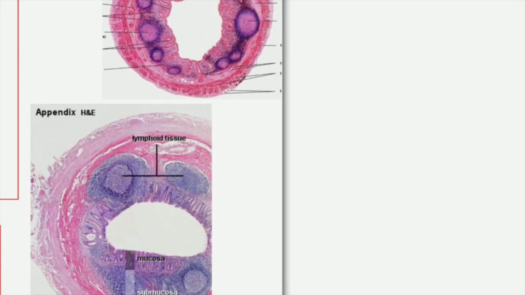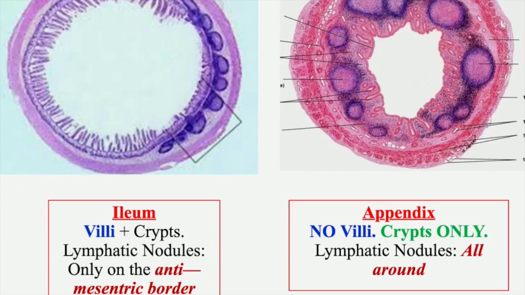Also here we have these lymphoid follicles that actually start from the mucosa and pierce the muscularis mucosa, which is ill-developed, and appear in the submucosa, and they are present all through the circumference, not localized at one side. Very important to distinguish between the ileum, which has lymphatic tissue, and the appendix, which also has lymphatic tissue in the wall.